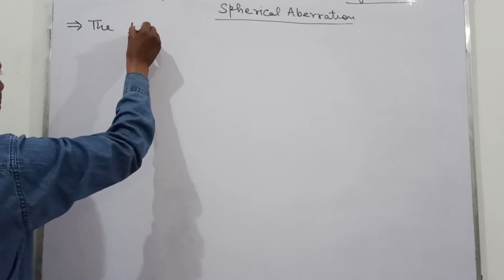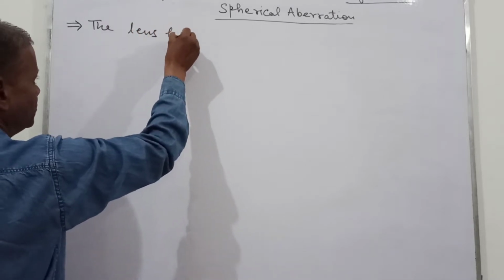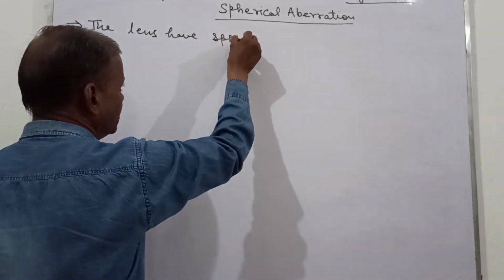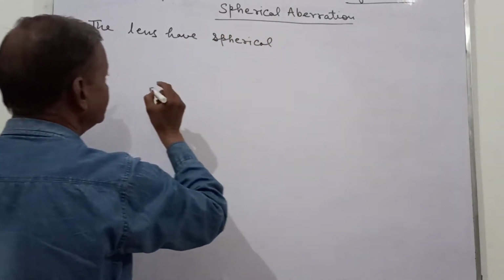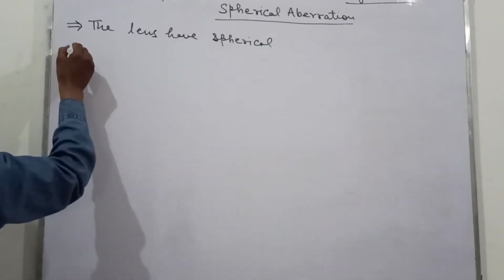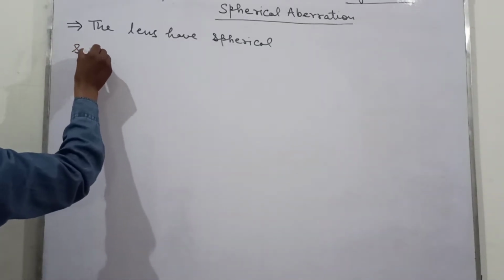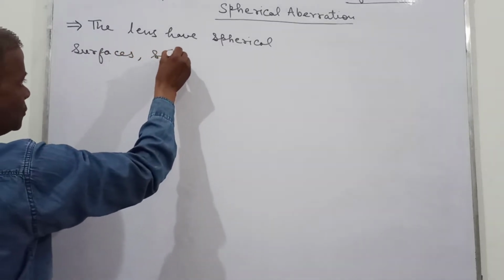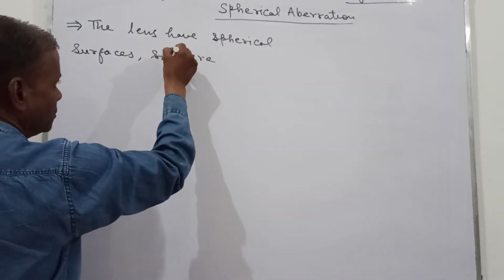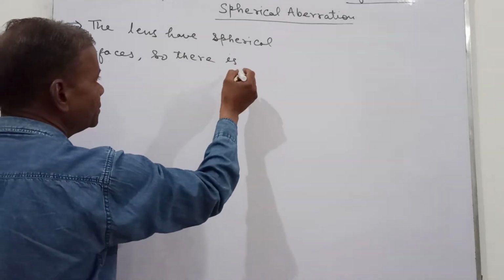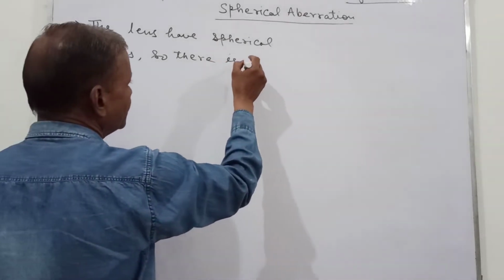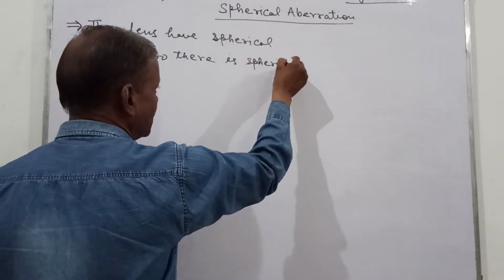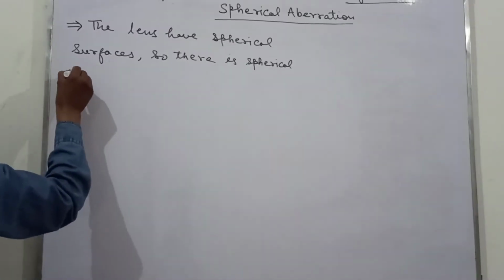The lens have spherical surfaces. So there is spherical aberration.